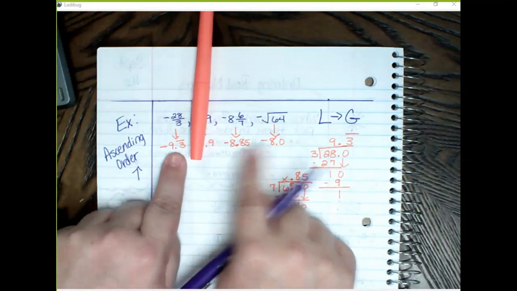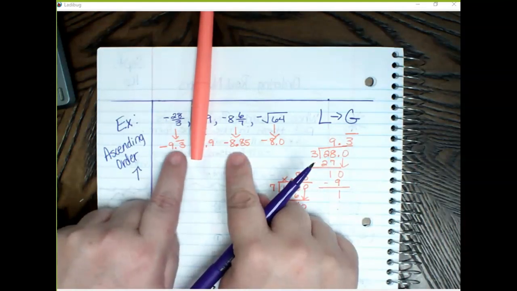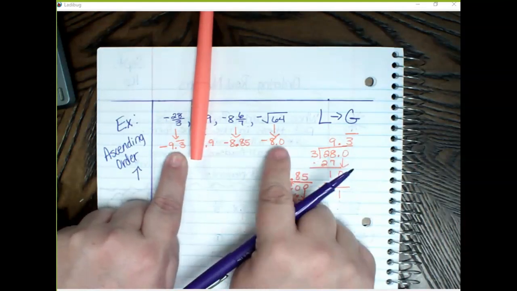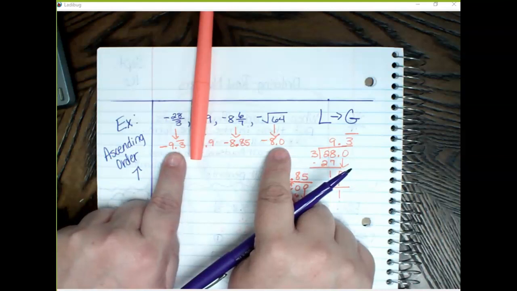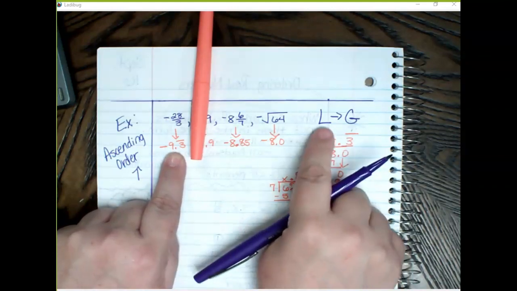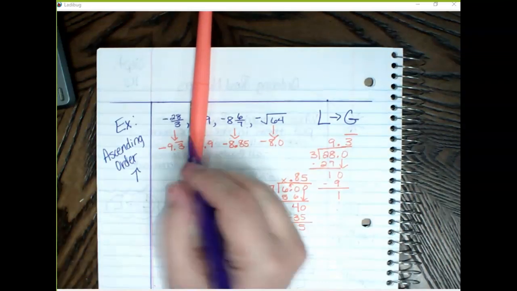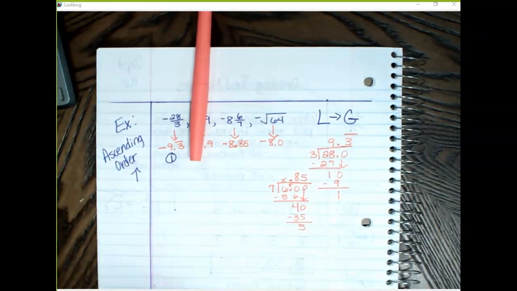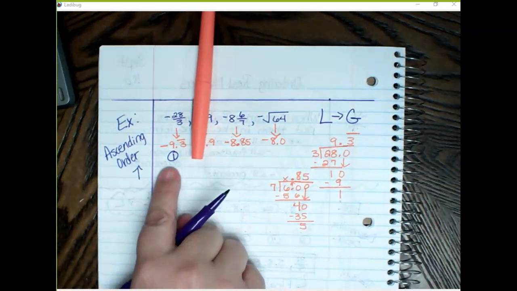So if I look at these digits, 9.3, 8.85, 8.0, which one looks kind of bigger? The 9.3, but because that's negative, the bigger the negative, the smaller the value. Since I'm looking for my little one, negative 9.3 is first place. It's the smallest valued negative.